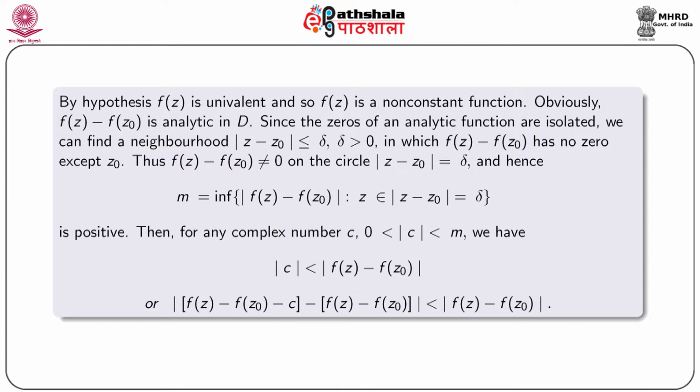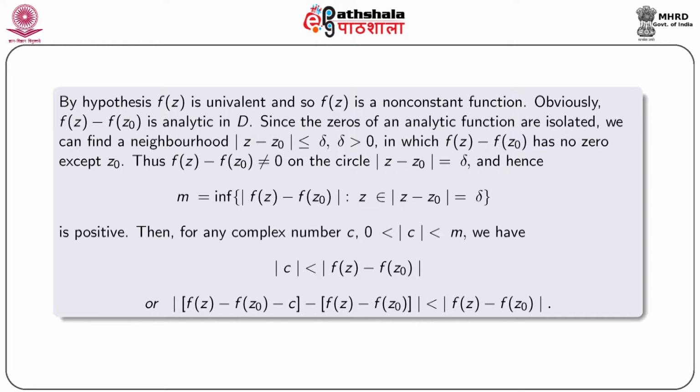By hypothesis, f(z) is univalent, and so f(z) is a non-constant function. Obviously, f(z) minus f(z0) is analytic in D. Since the zeros of an analytic function are isolated, we can find a neighborhood modulus z minus z0 less or equal to delta, where delta is positive, in which f(z) minus f(z0) has no zero except z0.